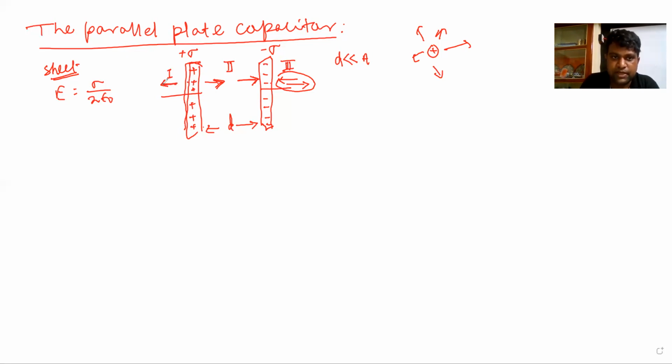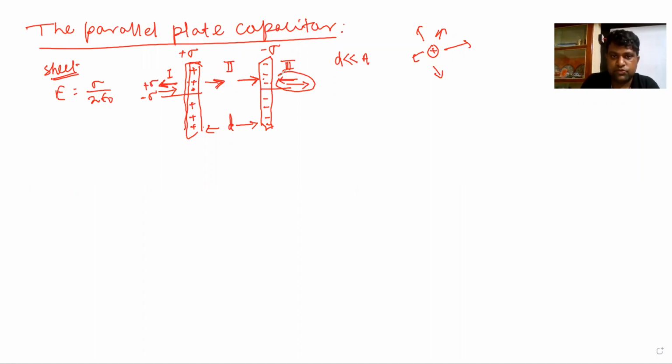Due to the positive plate, the electric field will be to the left, away, and due to the negative plate also there will be an effect, so the field is to the right. This is due to minus sigma, and this field is due to plus sigma.